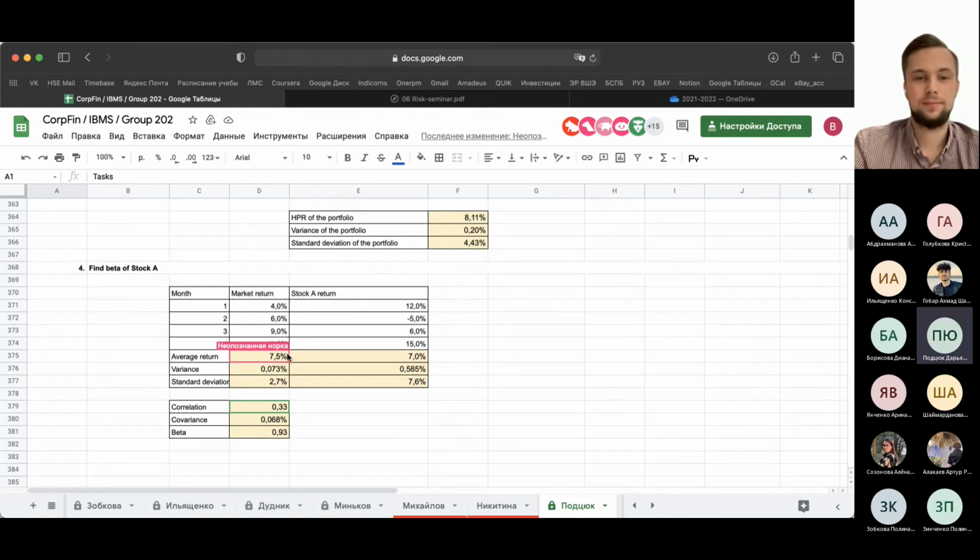So the first step was to count the average return by the formula average, for market return and for stock A. Then to count variance by using VARP. Then to take the square root of this number.